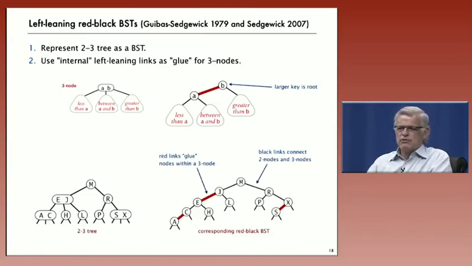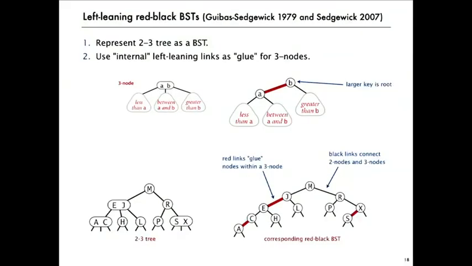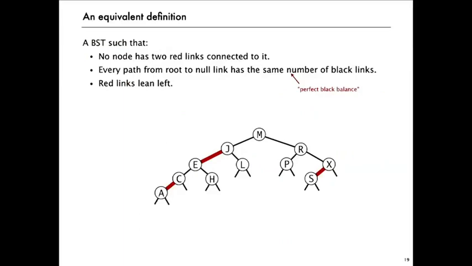So any 2-3 tree corresponds to a left-leaning red-black BST in this way. Just take the 3 nodes and split them into little binary search trees of size 2 held together by a red link. And correspondingly, given a red-black BST, you can get the 2-3 tree if you wanted it.